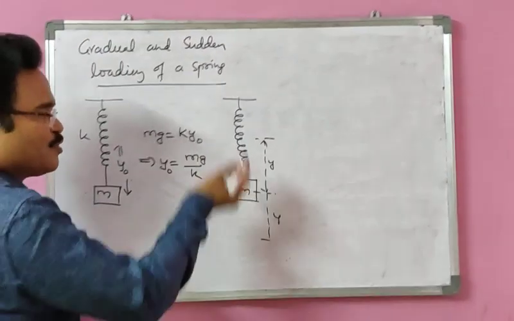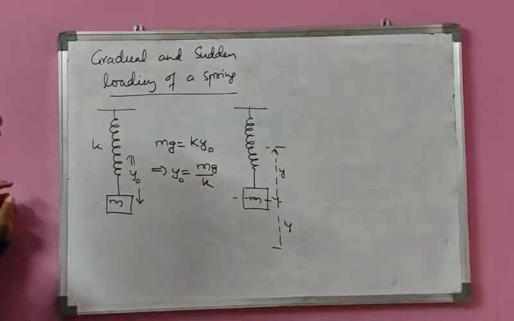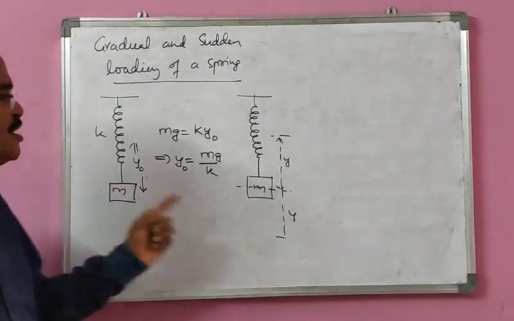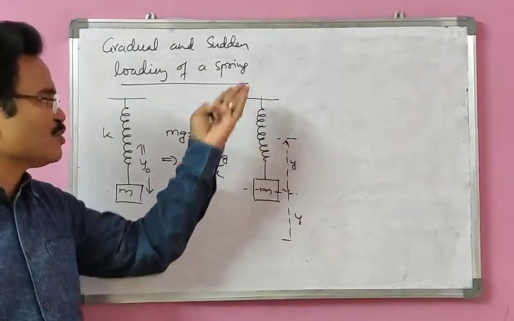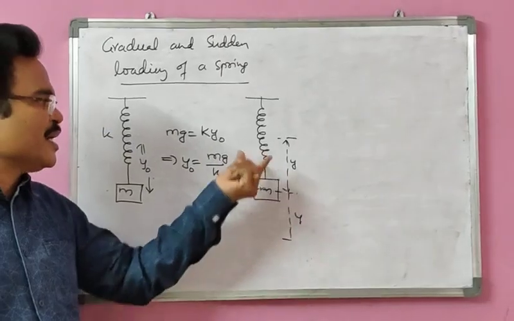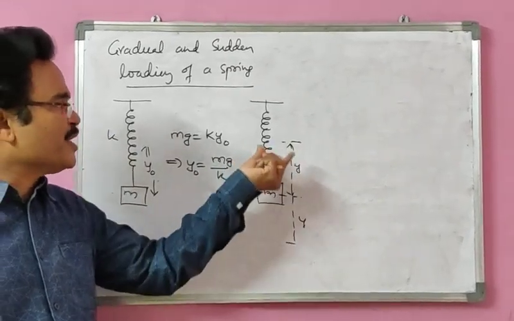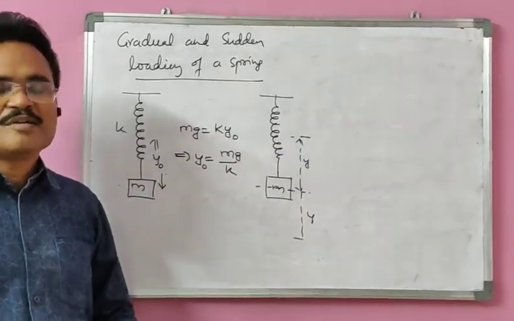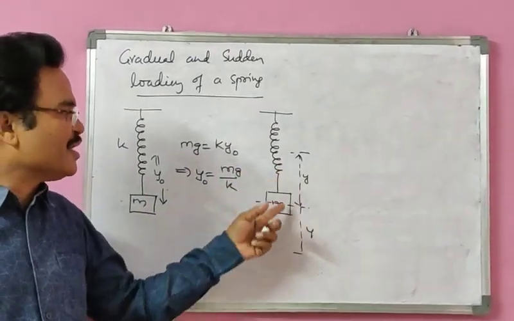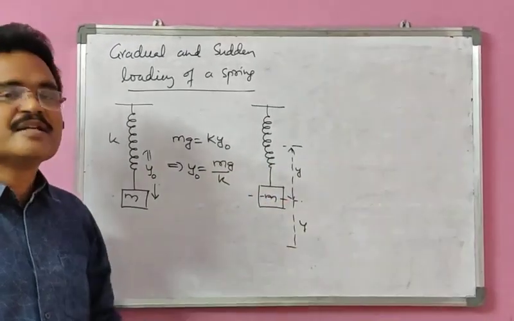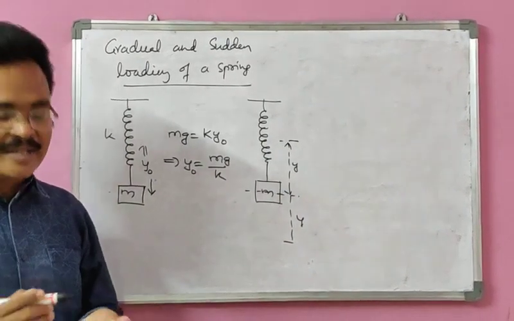While going up and down, the spring undergoes compression and elongation. Compression or elongation gives potential energy in the spring, and while it is crossing the mean position, it gets kinetic energy.